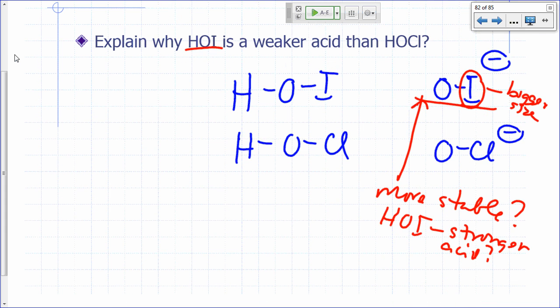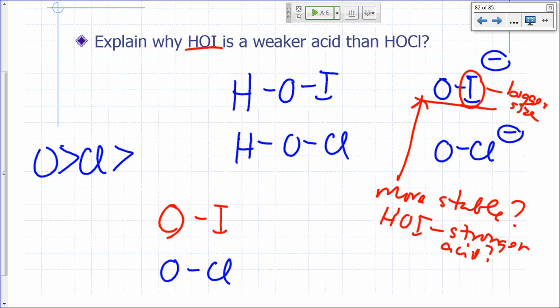You can still use the charge density argument here in the fact that the bond between oxygen and iodine and the oxygen versus chlorine bond are polar, right? Which one's more electronegative? Oxygen is more electronegative than chlorine. Chlorine is more electronegative than iodine, right?